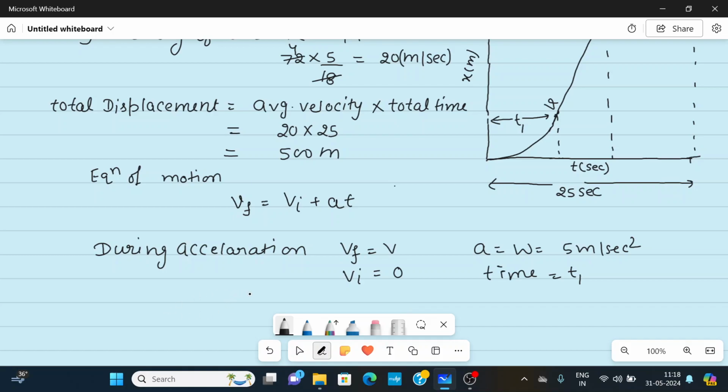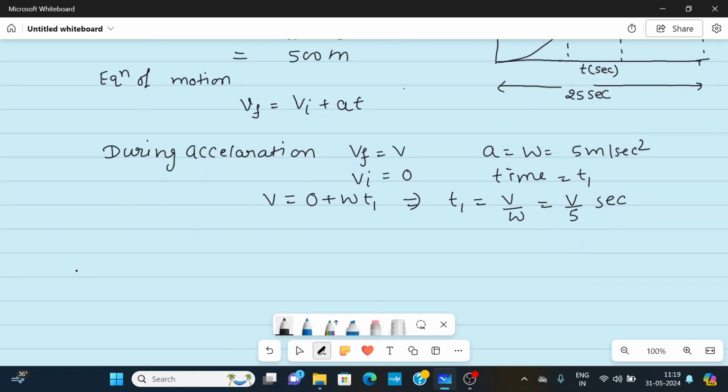So from equation of motion, v final v is equal to initial velocity 0 plus w into t1. From here, t1 is equal to v upon w. Putting the value of w, we can find out the t1, which is v upon 5 second.